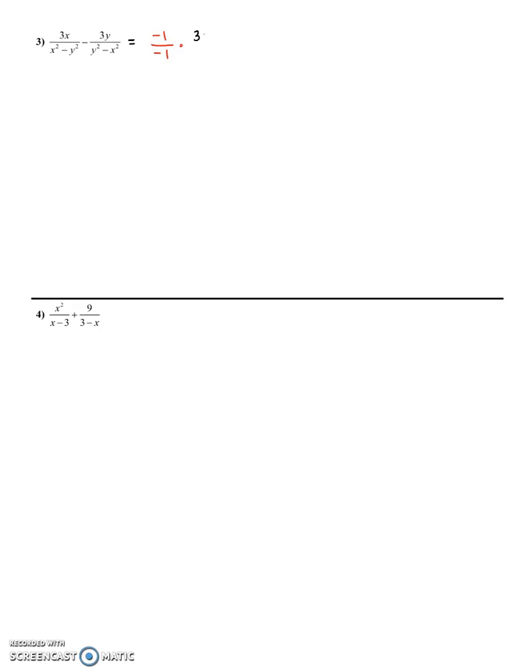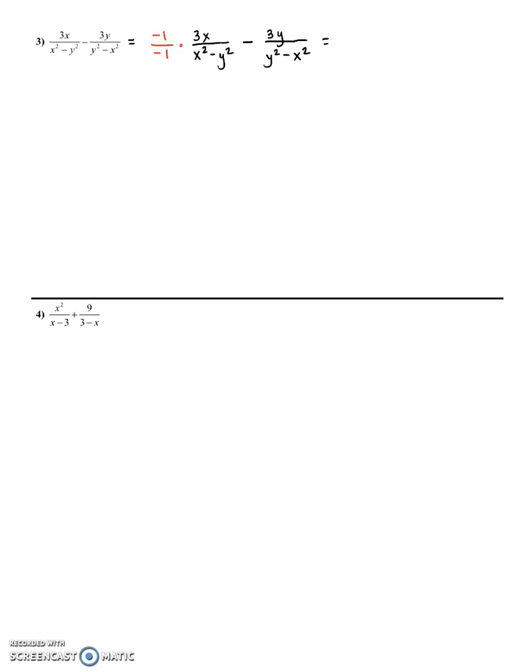And so we're going to multiply -1 over -1 times 3x over x squared minus y squared. And then we have minus 3y over y squared minus x squared.